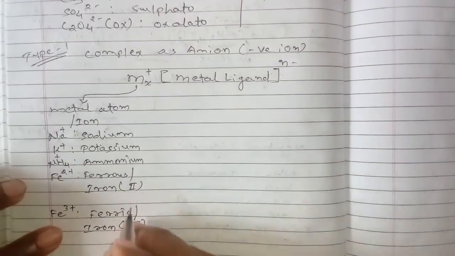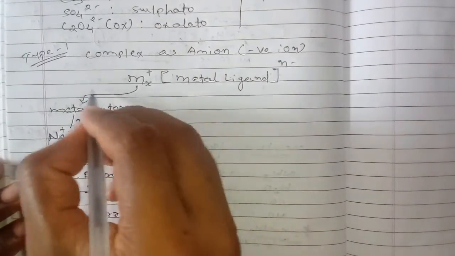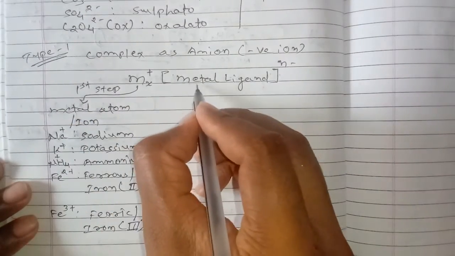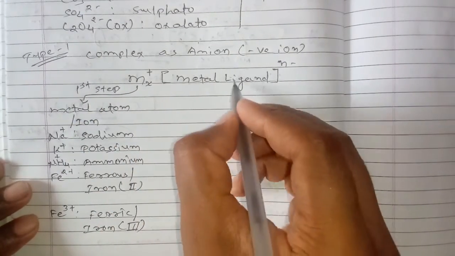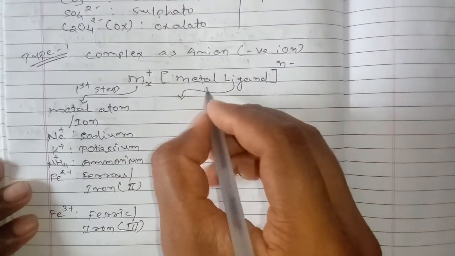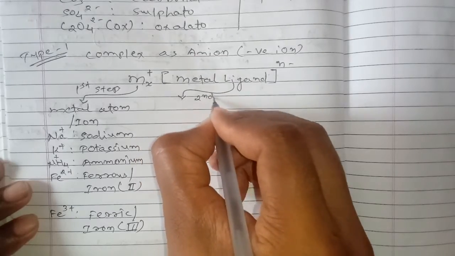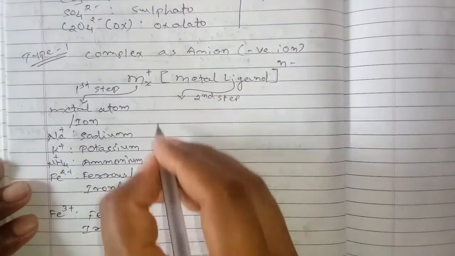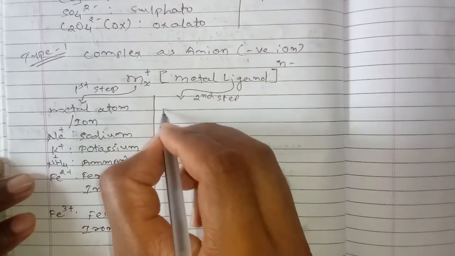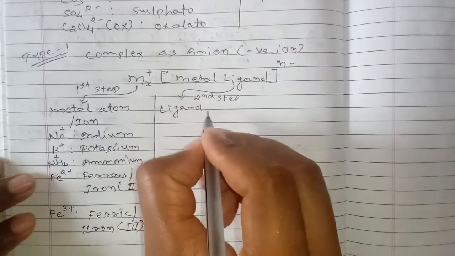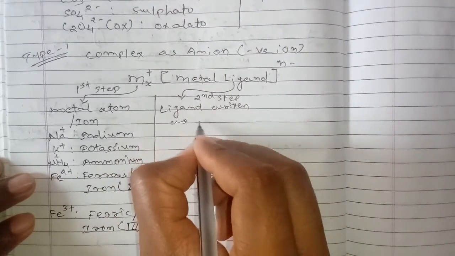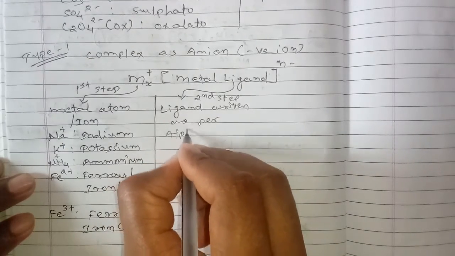So this is the first step we have to follow, and then in the second step, we write the ligands, and the ligands are written as per alphabetical order.